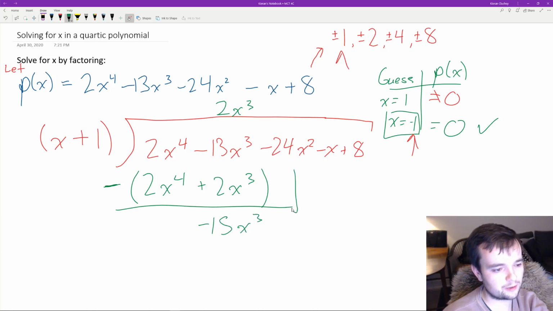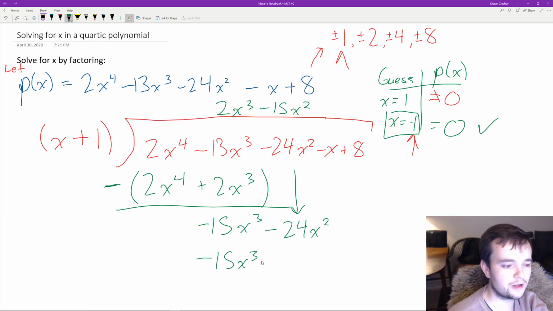Okay? I will bring down my next term, and now I have to figure out again what I multiply by. So I multiply by, by the looks of it, negative 15x to the power of 2. If I do that, then I get negative 15x to the power of 3 here, because when I multiply them back through, I will get this nice and it will cancel, but I also get the negative 15x squared there.